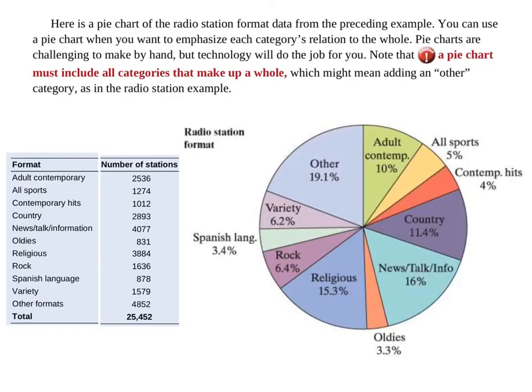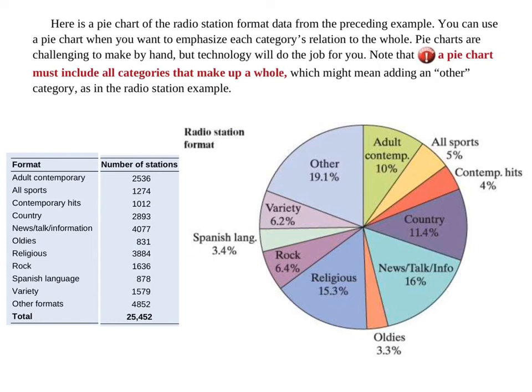And here we have a pie chart, totally stolen from the textbook, because a pie chart is far more difficult to create by hand. So there's a lot of different technologies you can use to make a pie chart. We'll make some, certainly. But please note that a pie chart must include all categories that make up a whole. Otherwise, you don't get a full circle. And obviously, they are proportional by their percentage.